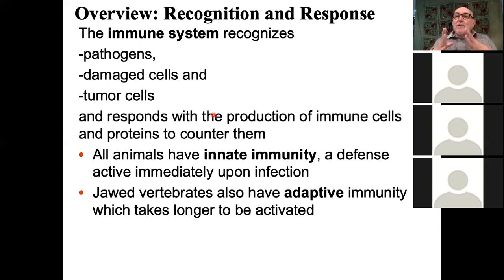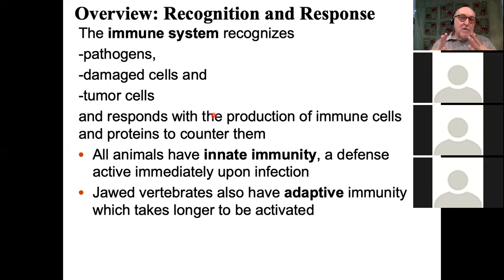The innate immune system has a set of responses which are pre-programmed. So the innate immune system responds in a single directed fashion to, we could say, an insult, whether it's a pathogen or damage, whatever. However, all animals which possess a jaw also have another kind of immune system, and this is called the adaptive immune system.